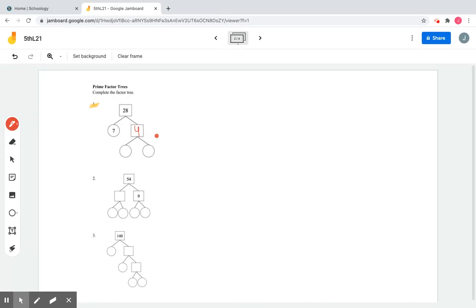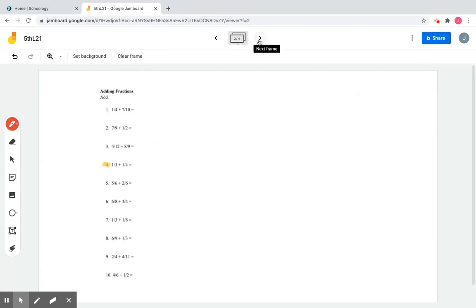But 1 and 4 is not a possible way for this case because 4 is not a prime number. It has three factors, which are 1, 2, and 4. So the only way we can break it down is 2 and 2 because they are both prime numbers. So it will be 2 and 2.